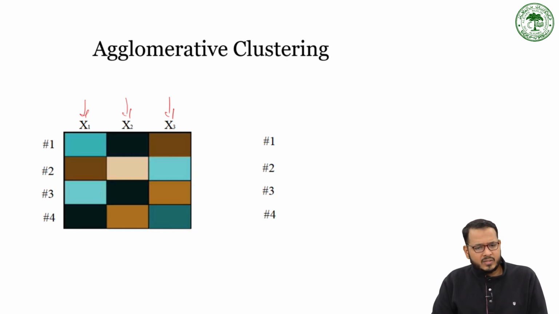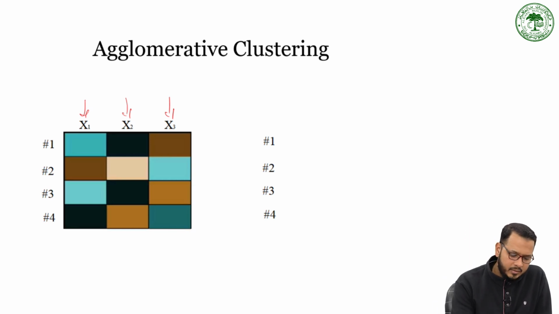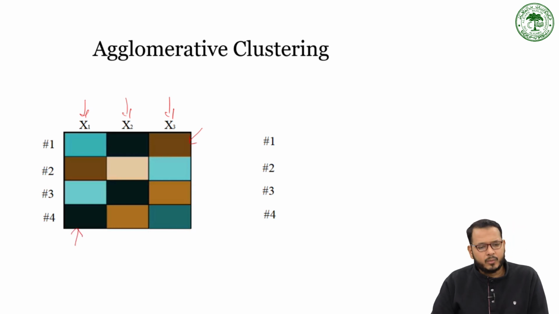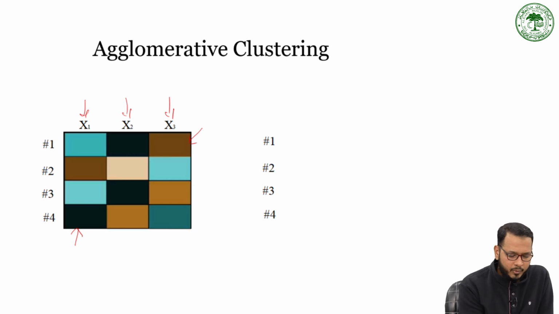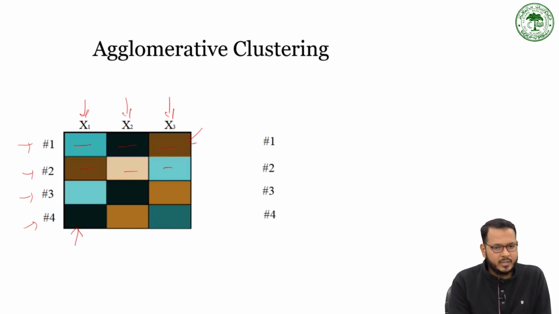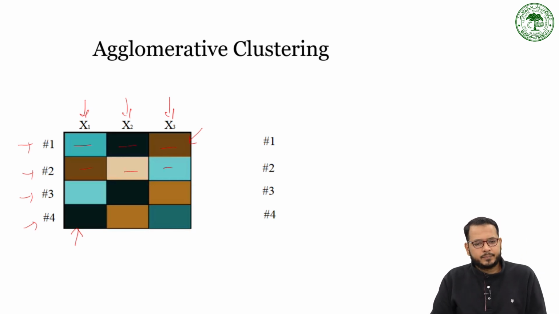You can say that brown might represent a very high value and dark blue might represent a very low value. So we have 4 data points with these values of 3 variables represented by the colors.